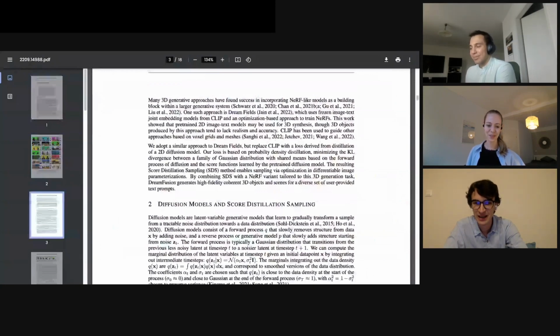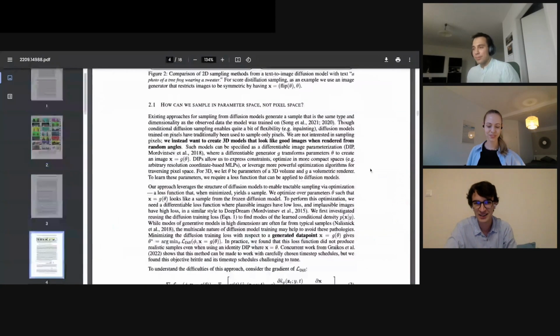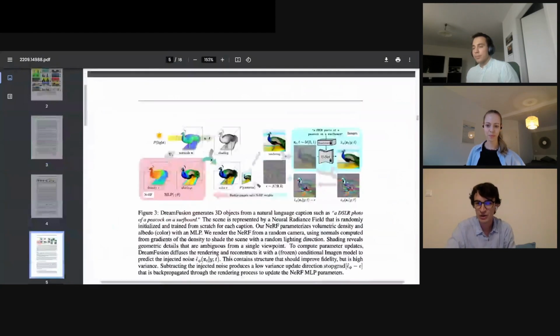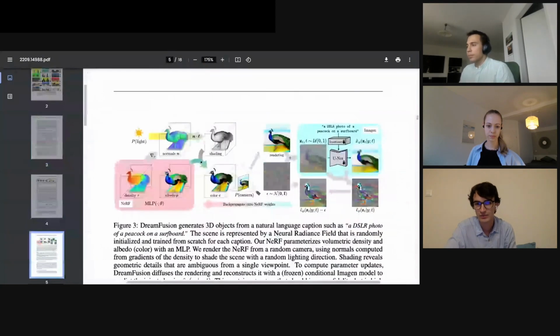So here, naturally, this is not the paper we are discussing, but just the big picture of it. Literally, what they do is they have some 3D model as described by a NeRF, and then they compare it against some result that they would like to see.